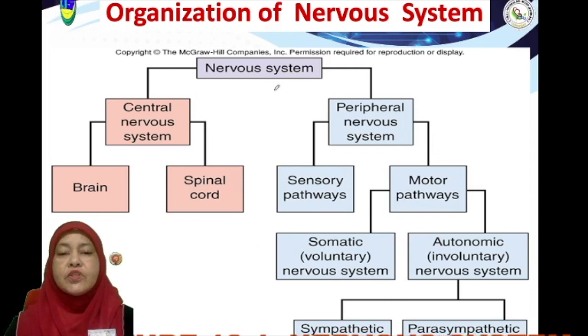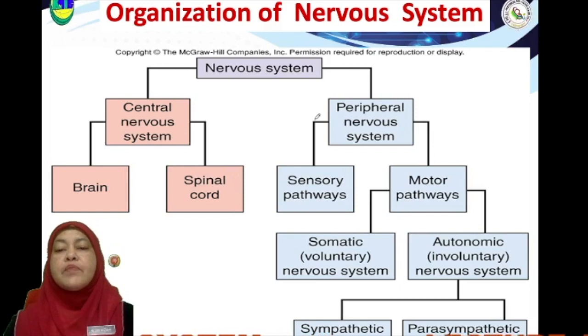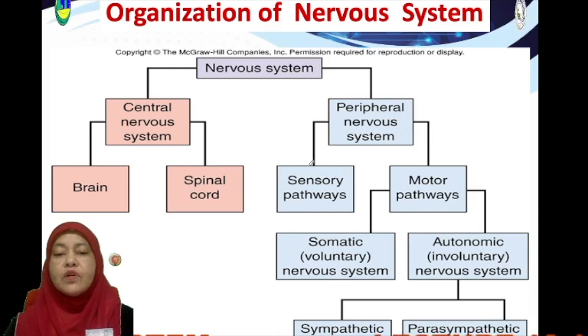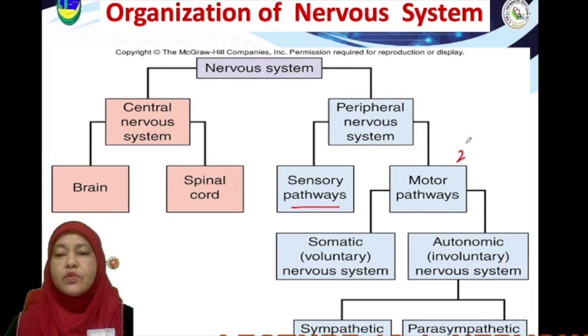Like the teacher mentioned just now, the nervous system can be broken into two types. CNS, the central nervous system, consists of our priceless brain as well as the spinal cord, and the peripheral nervous system involves two pathways. Number one is the sensory pathway, and number two is the motor pathway.